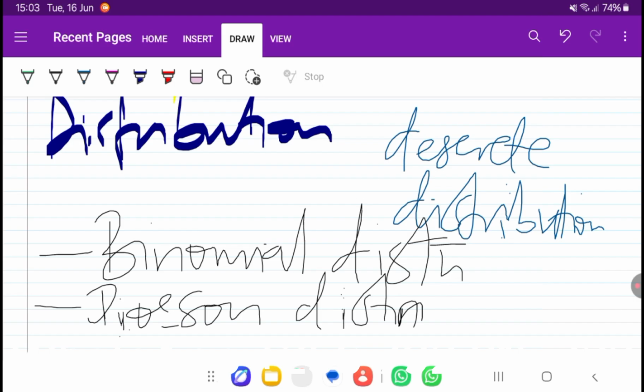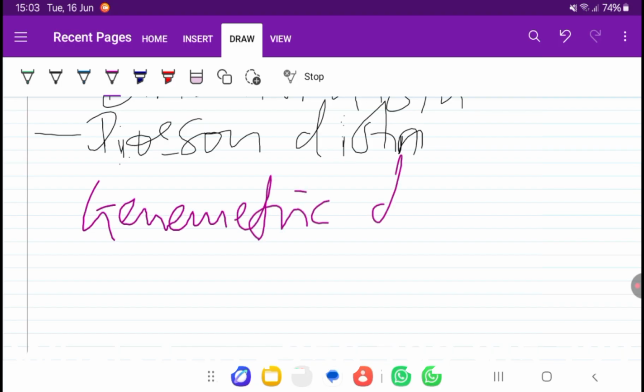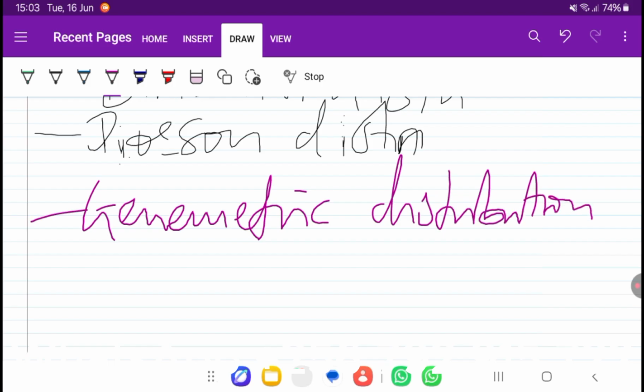And then we also have the geometric distribution. So these are the distributions that we can use to arrange discrete values. Those are some of the things we can talk about as far as discrete variables are concerned.